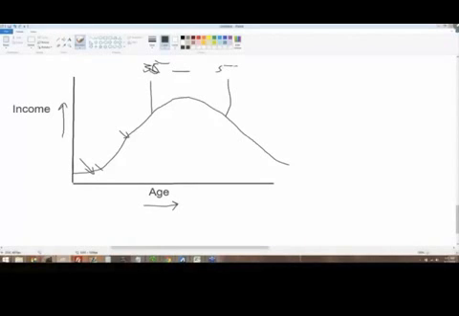Okay, this is basically when they say that people peak in their income potential on average. Okay, obviously this doesn't apply to everybody, but on average, here's what happens. Okay, and then their income goes down. This is income from labor. Okay, labor means you're actually working.